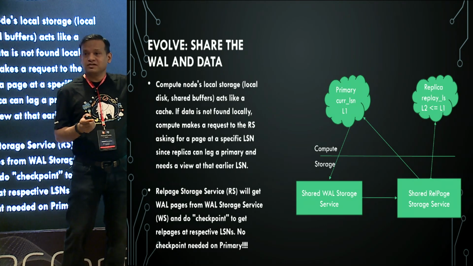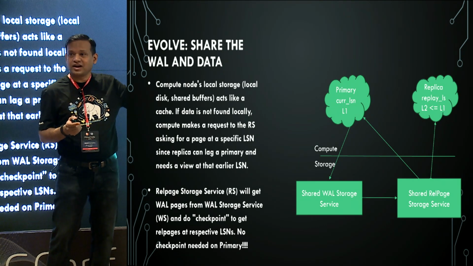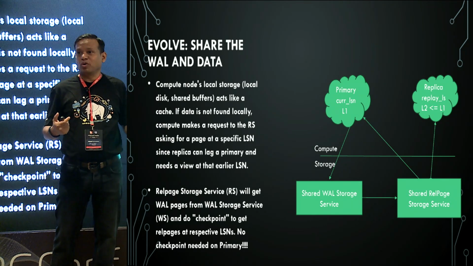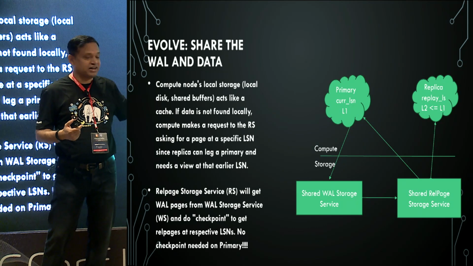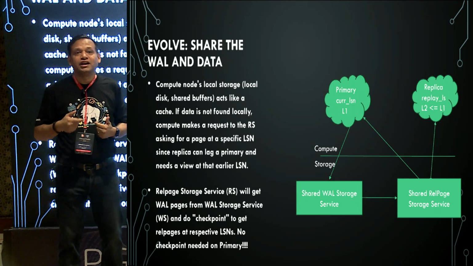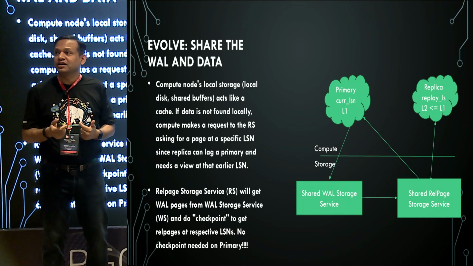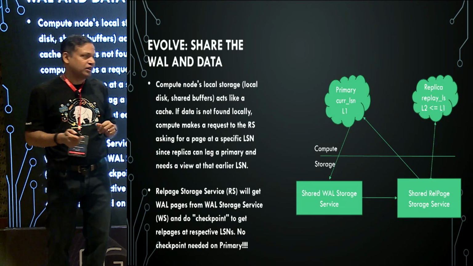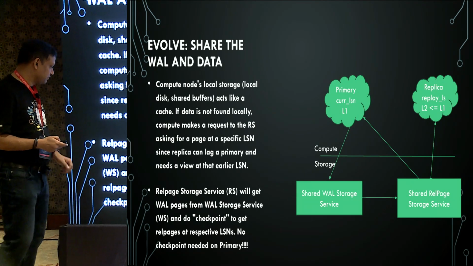The wall storage service will send those walls to the rel page server for redo, and checkpoint will happen on the shared rel page server, where it will actually convert the wall pages into multiple page versions at different LSNs, right? Makes sense, if you think of it logically.